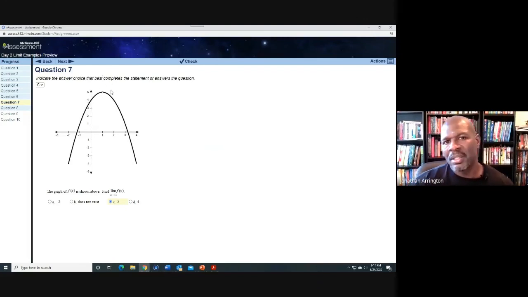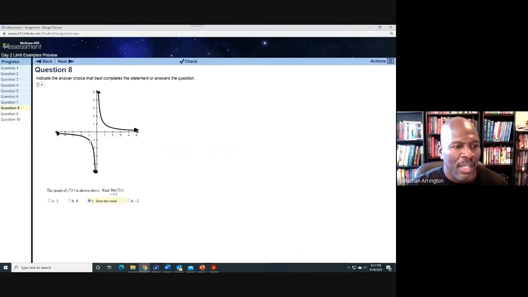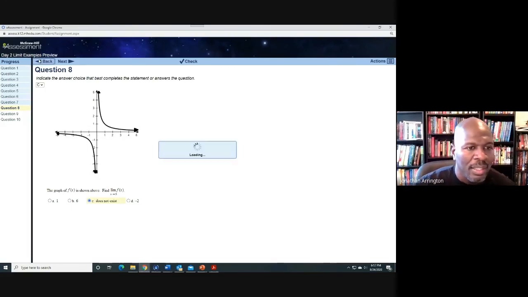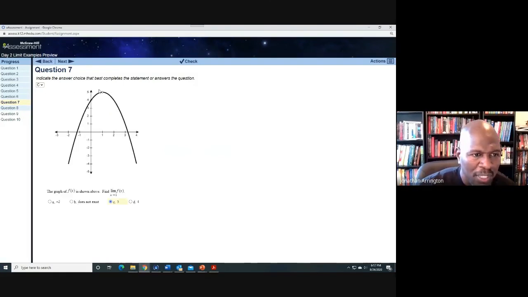In mathematics, generally we name things very appropriately. For instance, these guys were going to infinity and -infinity as x approaches 0. That's called an infinite discontinuity, also a vertical asymptote. Here, you have a little missing point, and that's called a point discontinuity. It's also called a removable discontinuity.